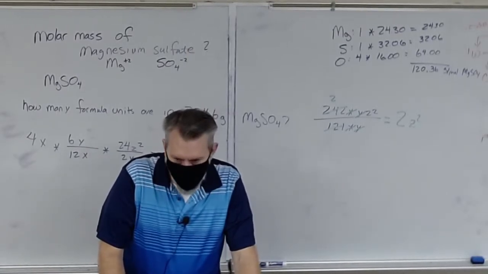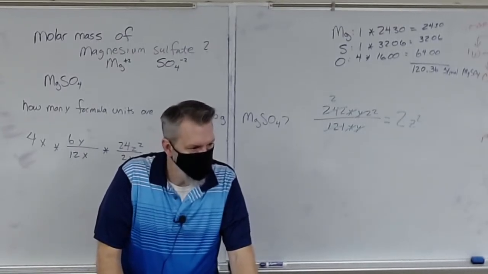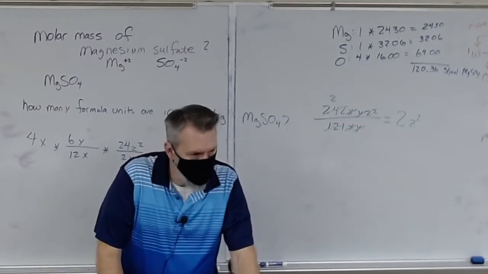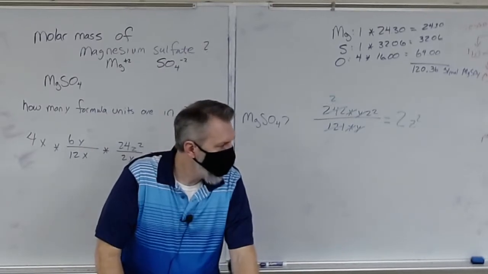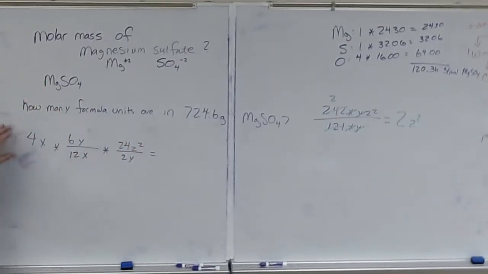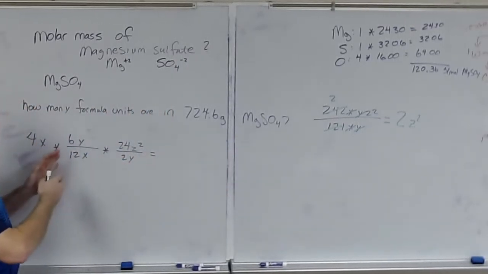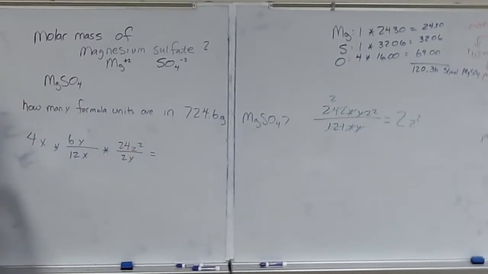And a lot of that struggle comes with not keeping up with your units, not writing them in the right spot, and canceling without thinking about what they are. That's why I want to be careful with this. That's a true statement. This is the same as that, not the numbers, but we just squished it together and we spread it apart, right? So let's go ahead and try this.